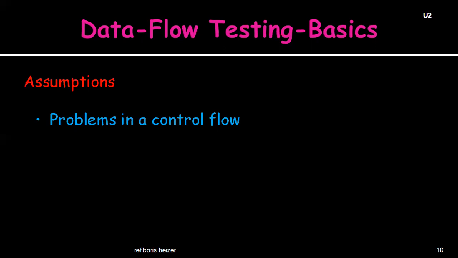So silly things are being done to the data objects. Also, if there is a control flow problem, we expect it to have some symptoms that can be detected by using data flow analysis.